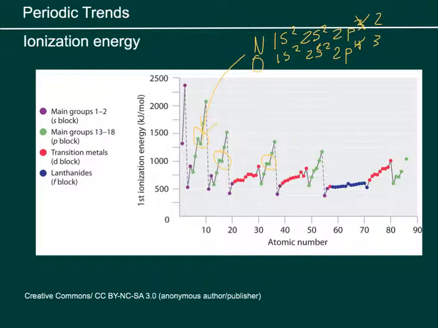So it's not like we're just washing this out and it's nothing. It still takes a lot of energy. It just so happens that in these three cases, between nitrogen and oxygen, between phosphorus and sulfur, and between selenium and bromine, we have these exceptions occurring. It's important that you at least understand why that is and be able to talk about those cases.